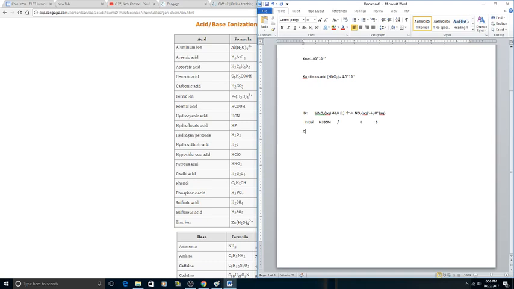C is for change. So change, it's going to be negative the coefficient in front of HNO2, which is 1. So negative 1x, which is negative x. We don't put anything in for water. And the coefficient in front of NO2 minus is 1, so it's plus 1x or plus x, plus 1x H3O.